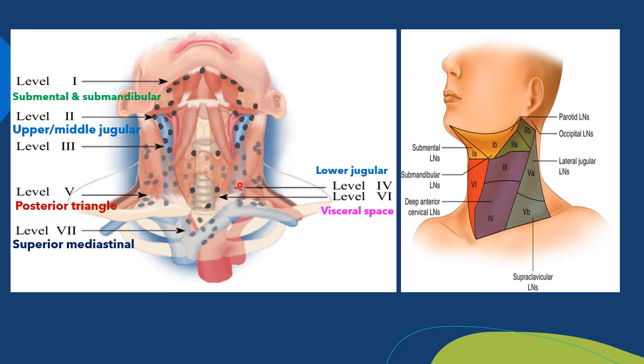Level 4 is the lower jugular lymph nodes. These jugular lymph nodes are the deep cervical lymph nodes. Level 5, lymph nodes of the posterior triangle. Level 6, the visceral lymph nodes, the lymph nodes of the visceral space, where the thyroid is located. And level 7 is the superior mediastinal lymph nodes. Okay, this picture also shows you the various levels of lymph nodes of the neck.